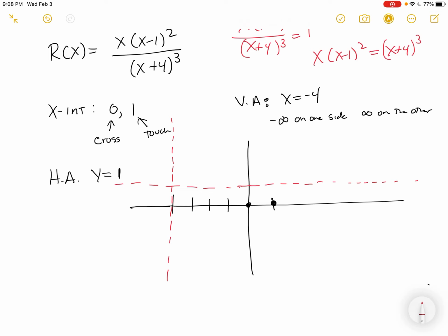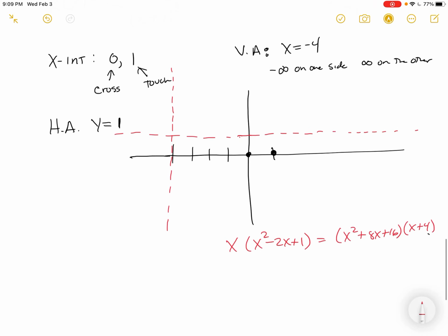So we'd have to multiply that out. So I'll do that down here. x times (x squared minus 2x plus 1) is equal to (x squared plus 8x plus 16) times (x plus 4). And that's x cubed minus 2x squared plus x.